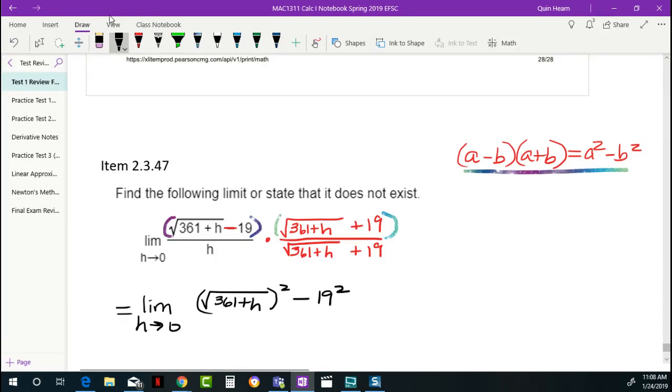That's our a squared minus b squared. All of this is going to be over h times the square root of 361 plus h plus 19. It's usually best to just leave that factored out like that. Don't distribute it through, because what we're hoping is that this h cancels out at some point.